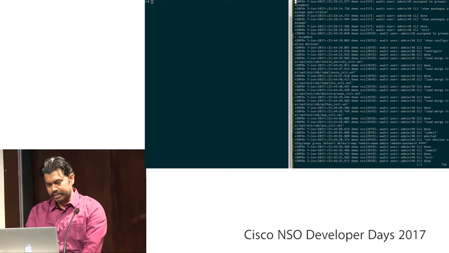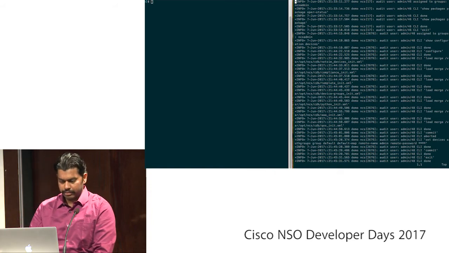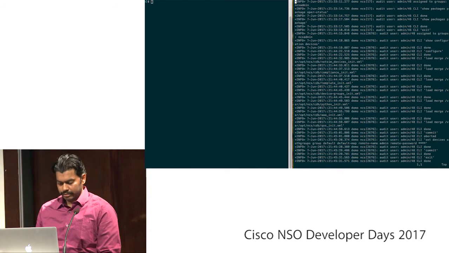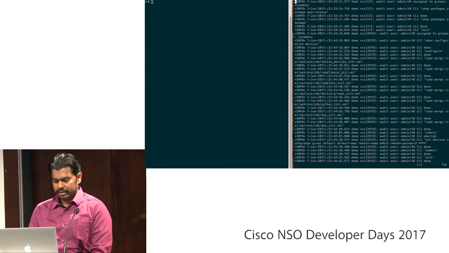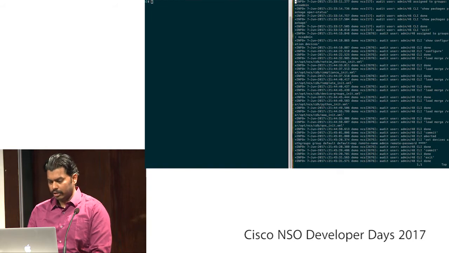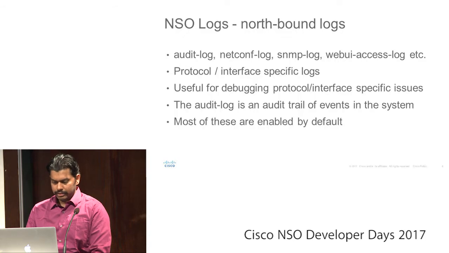But if you come through other interfaces like netconf or REST, you will only see that a user logged in, and then after the session is complete, the user logged out, because the actual REST payloads or netconf payloads are not logged in this log. The netconf payloads, for example, are logged in the netconf trace log. But this provides just information about who is logging in and logging out and who is doing what in the system.